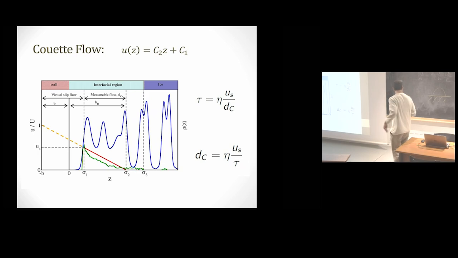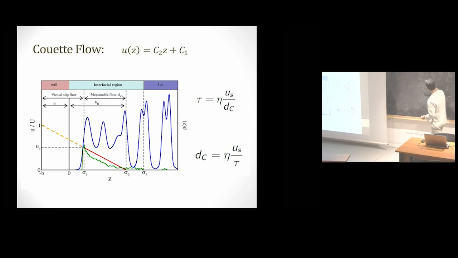I'll skip the details, but the profile you get, U of z, is just given by Us, the slip velocity, divided by this Couette thickness. The Couette thickness is the thickness over which the Couette flow evolves.